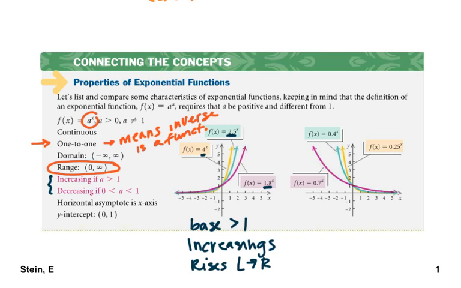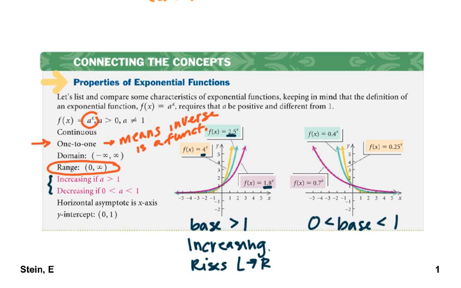Similarly, if we have a base that is fractional, and by fractional I mean between 0 and 1, like 1/2 or 2/3. Remember, 5/4 is bigger than 1. That is 1.2. So fractional is bigger than 1, not just any fraction, but bigger than 1.